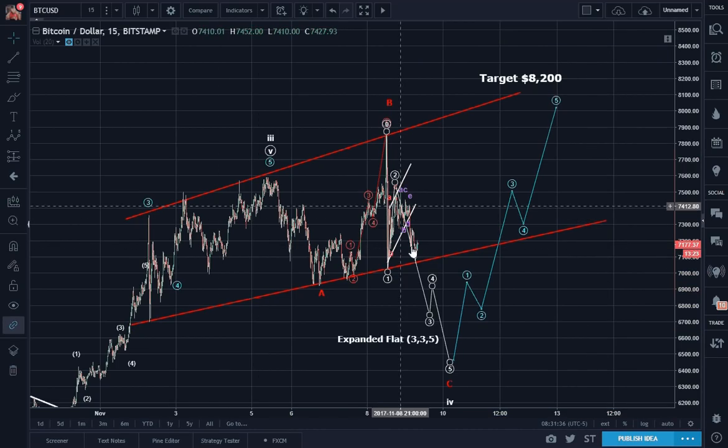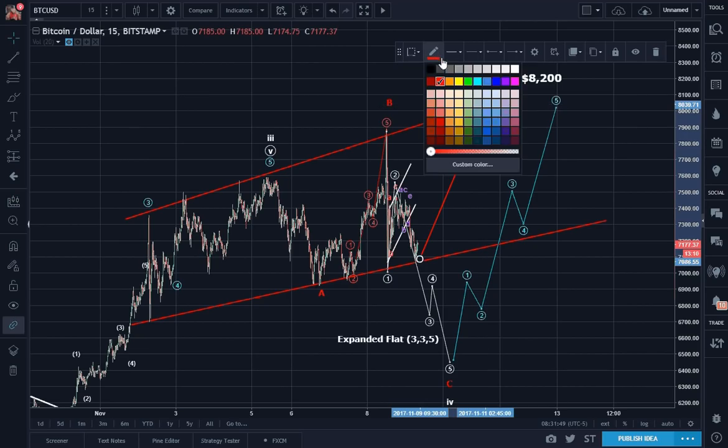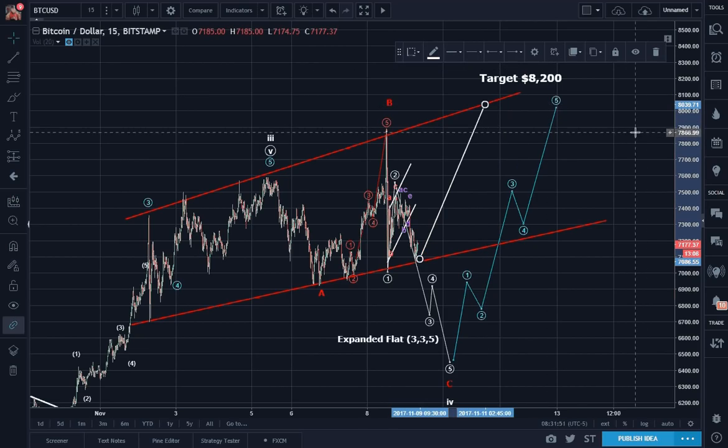It could be forming a channel. And sure enough, this is my bullish alternate count. You can see that happening and still go here, look. So that this becomes more like, I'm sorry, a broadening type of pattern.